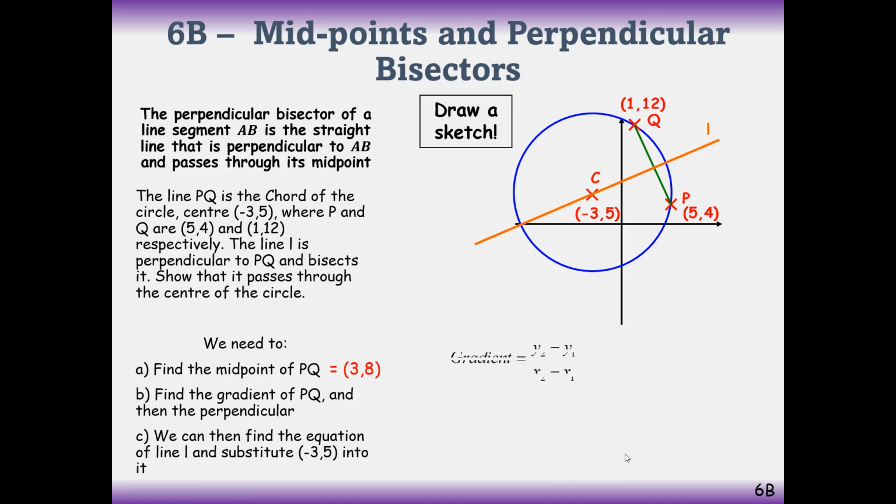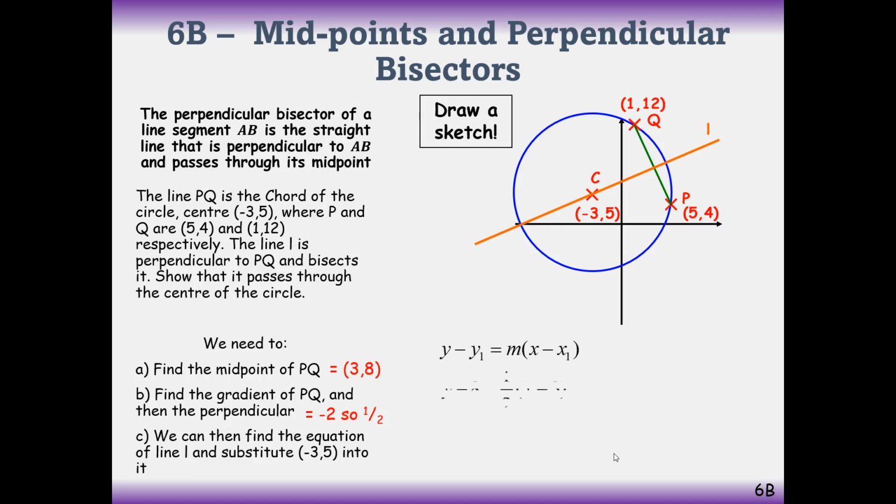Then we are going to work through the gradient formula, and we'll find that this is the gradient of the green line here. So its perpendicular bisector will have a gradient of a half.